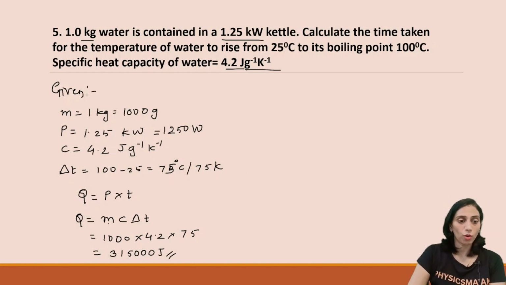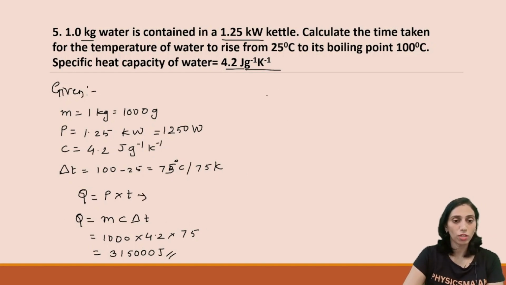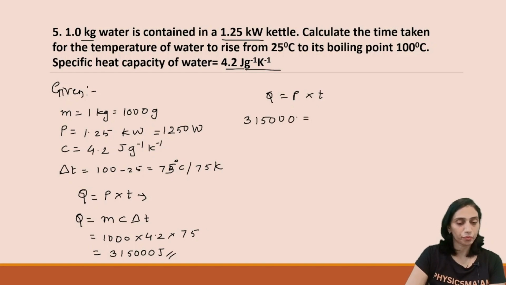Now we use this formula to substitute. Q is equal to P into T. So 315,000 equals power, which is 1250, into T. So your T calculation becomes 315,000 divided by 1250.